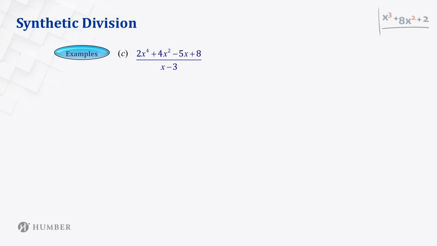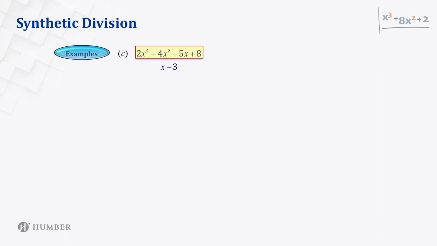Let's go through another example so that you get comfortable with this process. The first step is to list the coefficients of the dividend. We read the polynomial as 2x to the fourth plus 0x cubed plus 4x squared minus 5x plus 8.